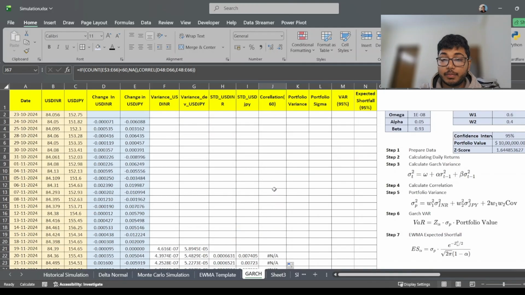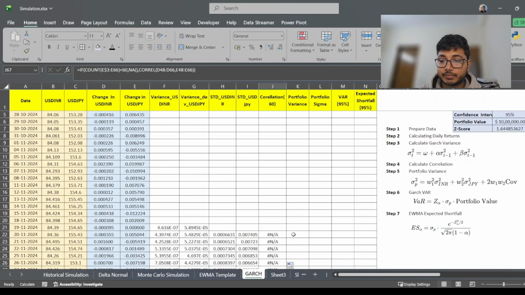Now we are going to calculate the portfolio variance. It can be calculated using this formula right here.